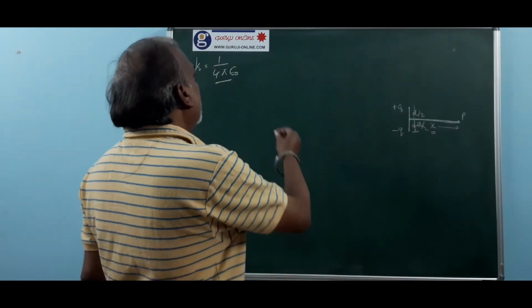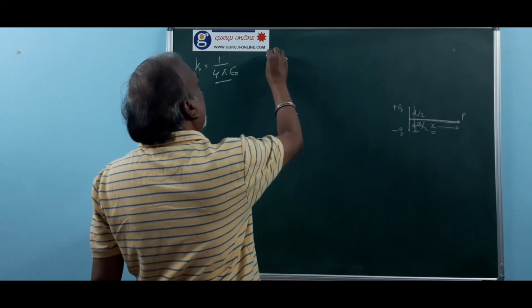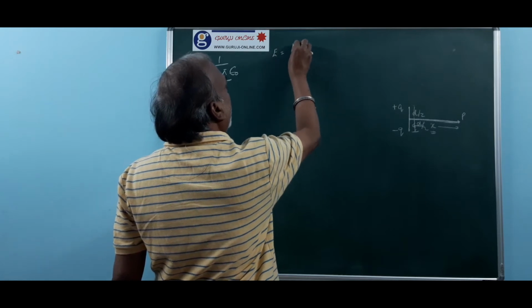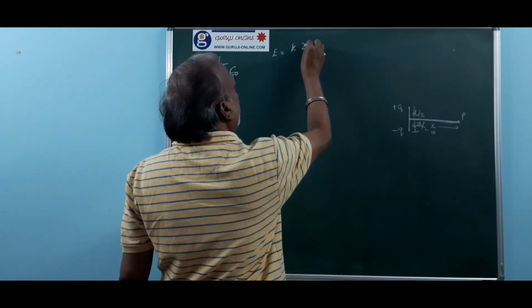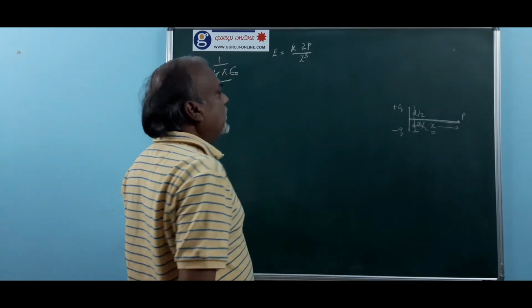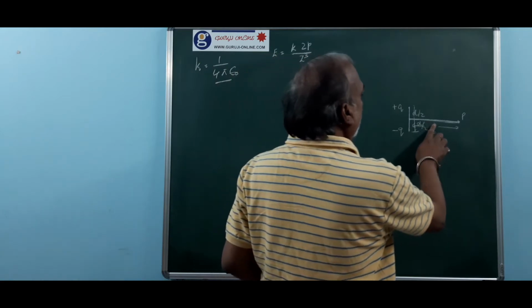So what was the electric field in the previous case? That was k 2p upon z cube. Actually it was z here, so let us take z here also.